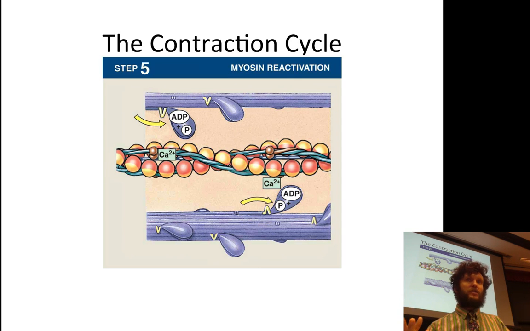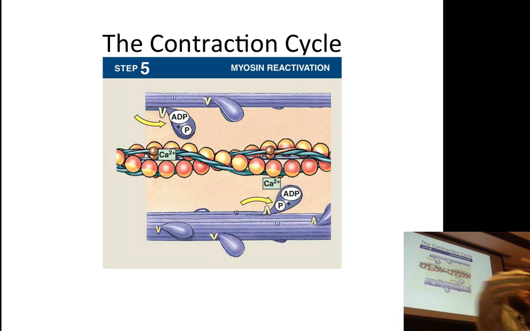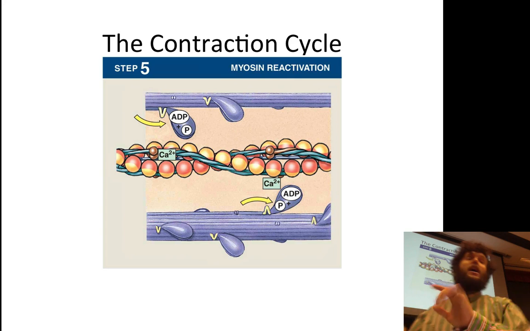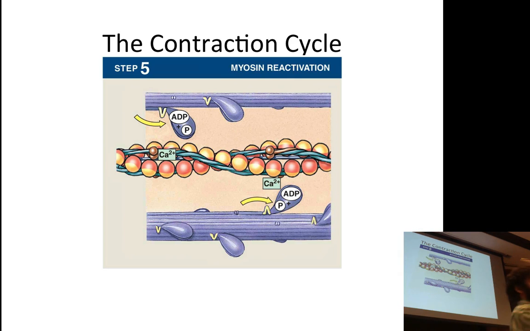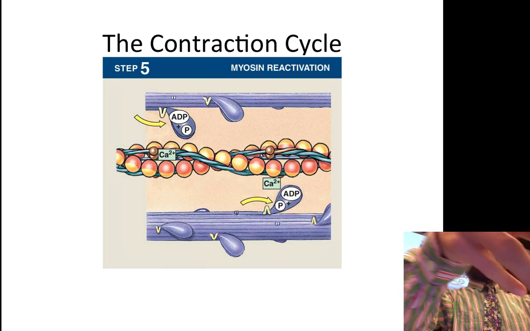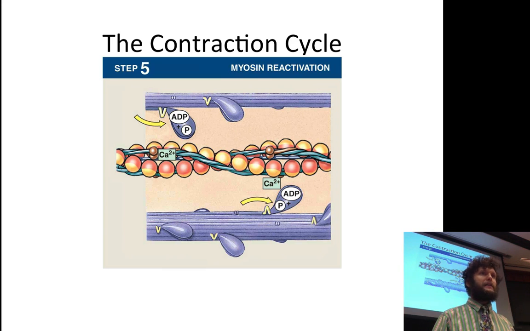As long as there's calcium in the sarcoplasmic reticulum, it's just going to keep ratcheting itself one step at a time along an actin chain. So we go through many contraction cycles until the calcium gets pumped back into the sarcoplasmic reticulum, until it gets resequestered, and then the tropomyosin will roll back onto the actin, and you can no longer form cross bridges. Okay?